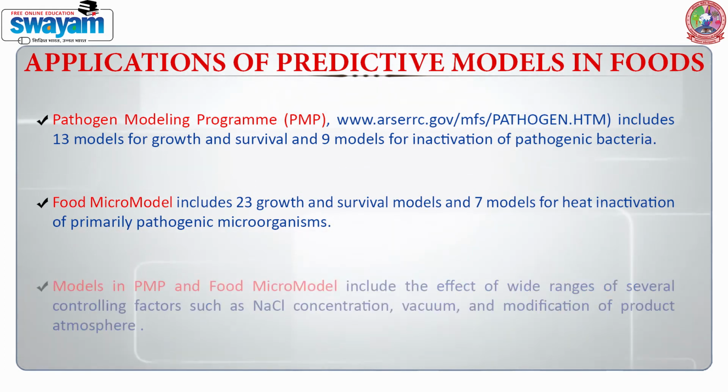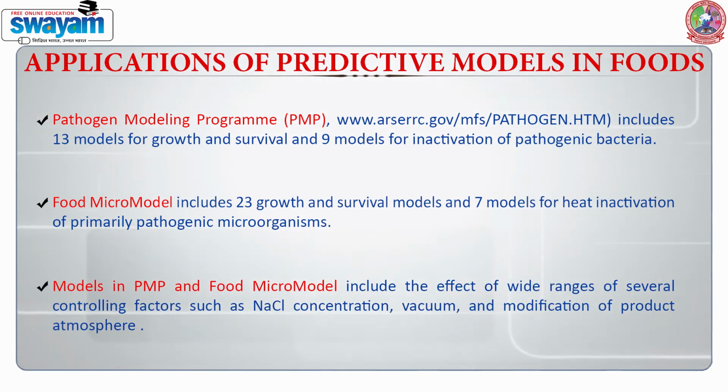We have models in PMP and food micromodel which predict the effect of a wide range of controlling factors such as the salt concentration, the vacuum, the modification of the product atmosphere. It is very important because we are getting new packaging systems in which we are targeting the modification of the atmosphere of that particular pack.